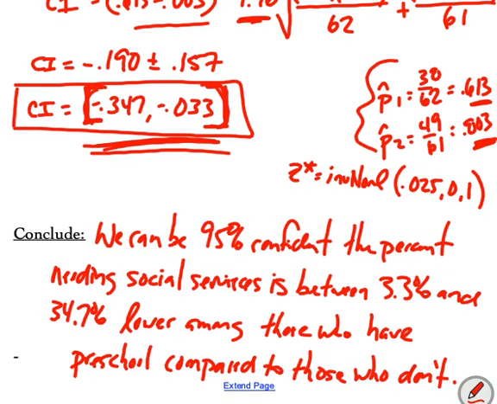So basically the idea here is, again, it's a confidence interval. We could be 95% confident the percent of needing social services is somewhere between 3.3 and 34.7% lower among those who have preschool compared to those who don't.